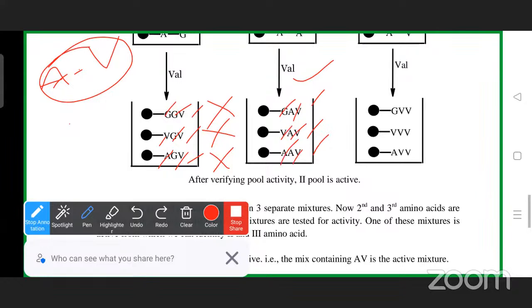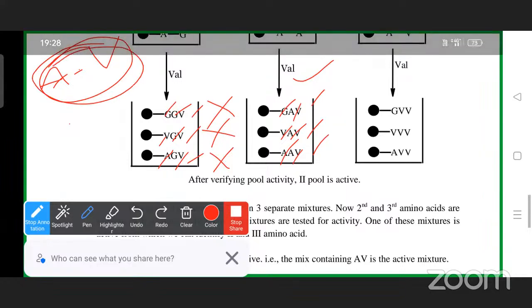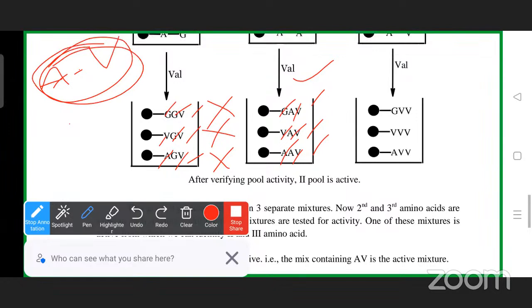Now it is found that our AV linkage is present in the second reaction vessel. The terminal amino acids are the same in the second pool: here AV, here AV, here AV.